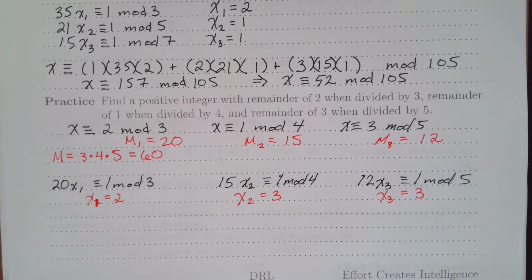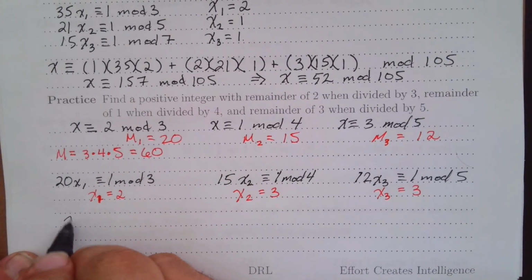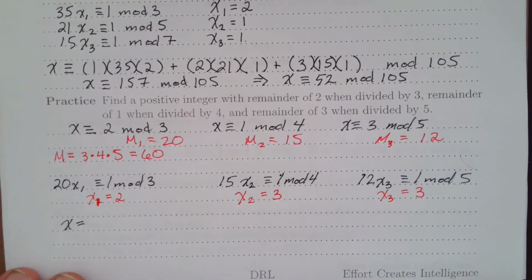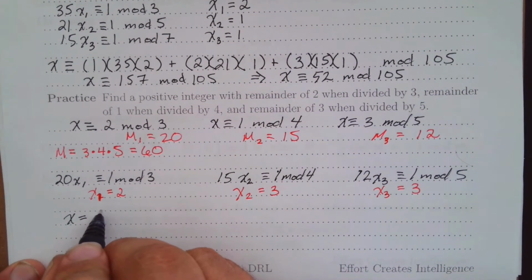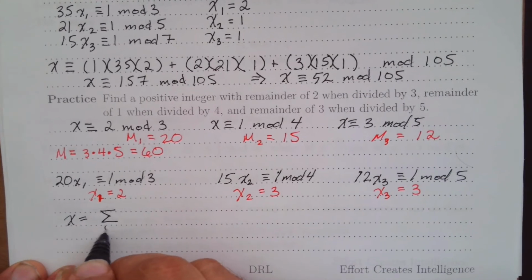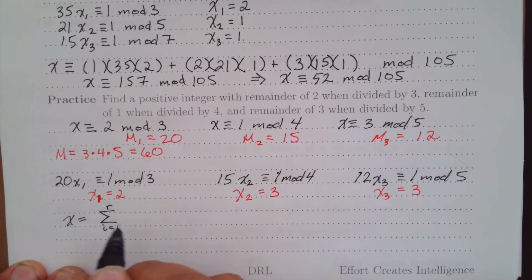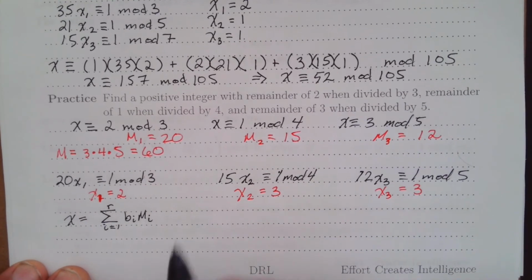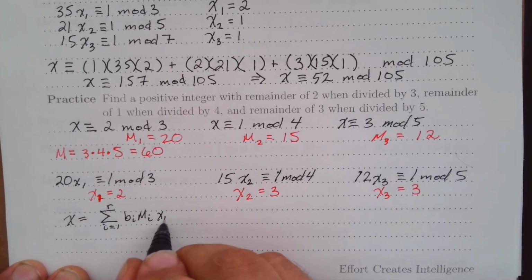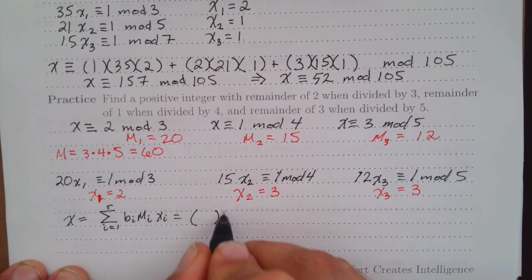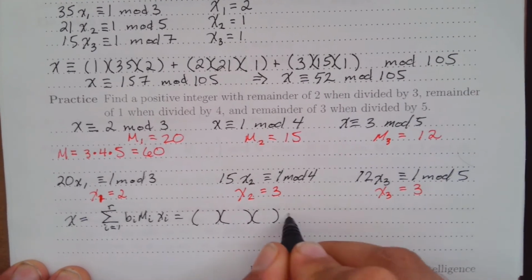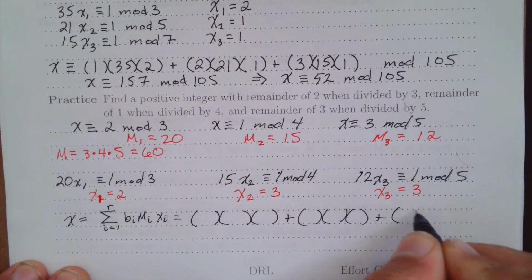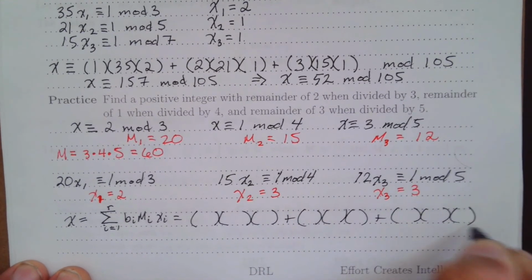Then our next step, we can say that a value for x is going to be given by the sum from i equals 1 to r of b sub i, M sub i, x sub i, which, because we have 3 congruences, we're going to have 3 products in our summation.